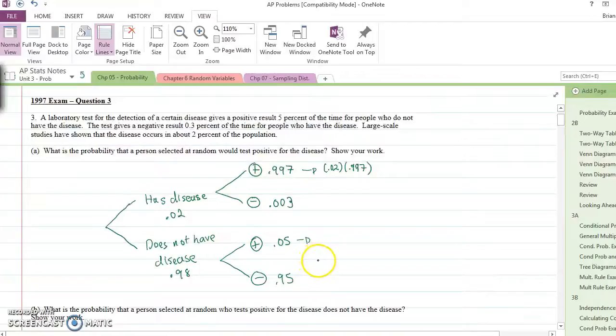And not having the disease, 0.98, and testing positive times 0.05. Okay? And if I take these two probabilities and add them together, then I will get the proportion of people who test positive, and I think that's what they're asking for.